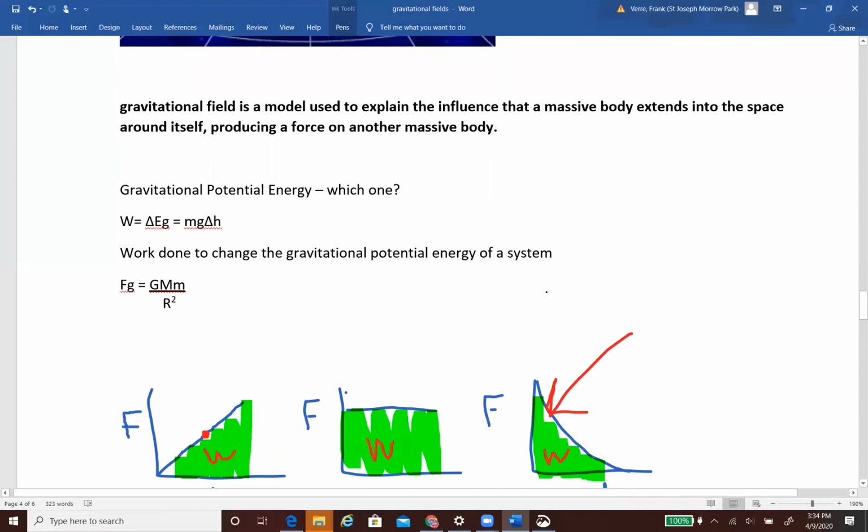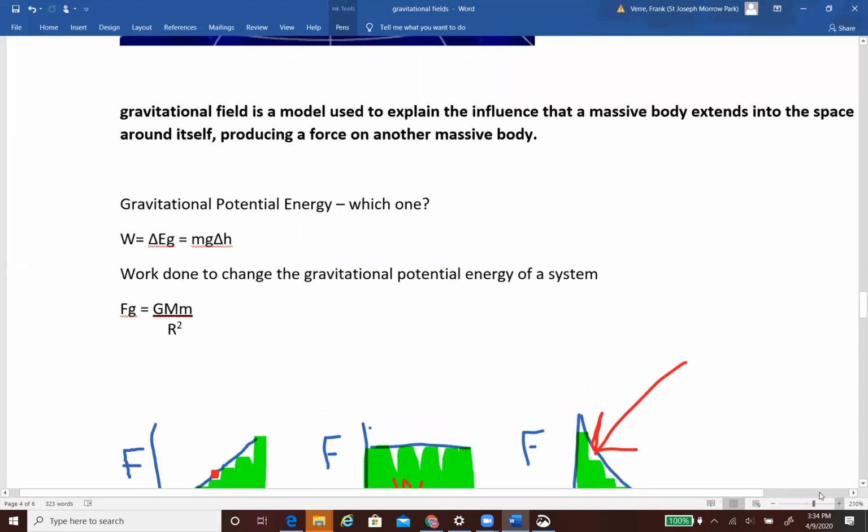Now, I know in grade 11 we talked about work as basically a change in energy, right? And we talked about, for instance, gravitational potential energy, where work is a function of mg times the change in height.